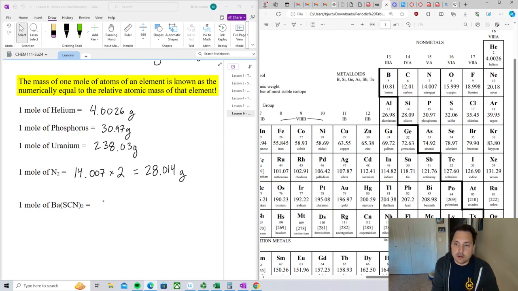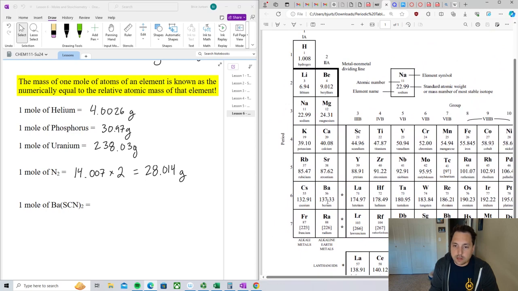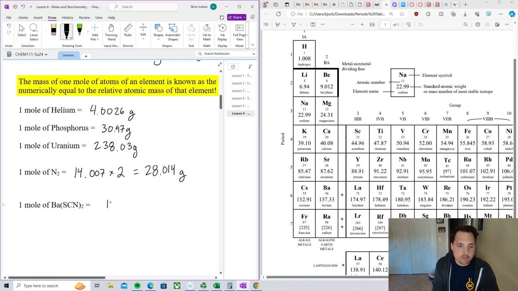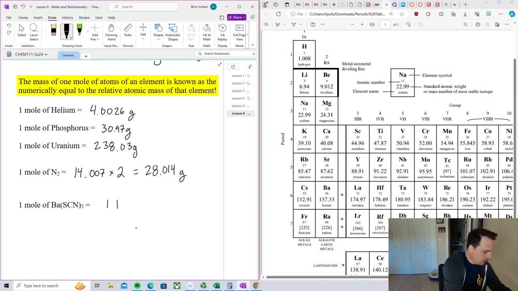So if I have barium, that is on the left side of my periodic table, 137. Let me look at how I formatted it in my notes. Yes, okay.